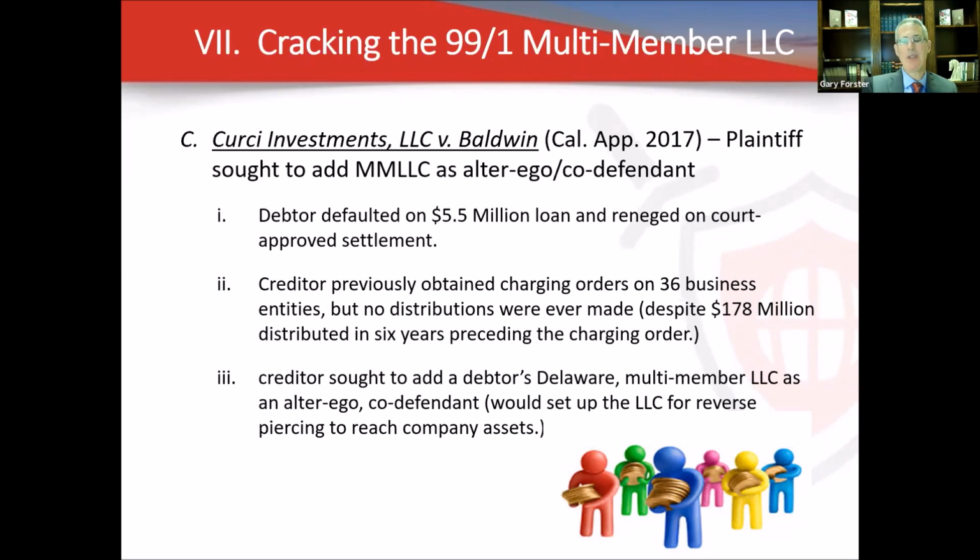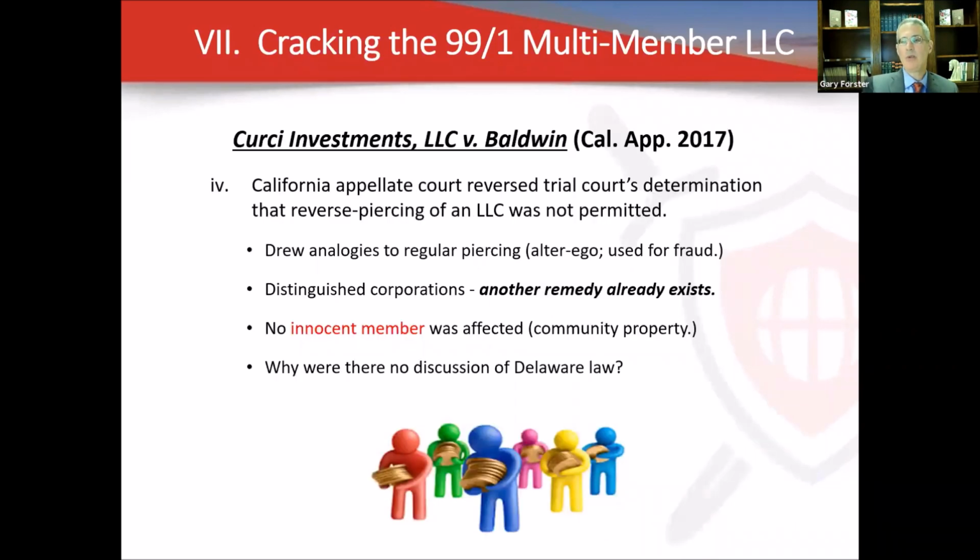We can potentially get to those assets. Our prior ruling that said that action is not allowed for corporations doesn't apply. We're going to allow it, and we don't know what happened when they remanded that back to the trial court. But you don't want to abuse these things, and you also want to set it up properly such that you actually have an operating LLC with real multi-members.